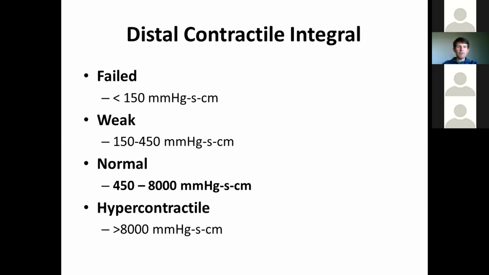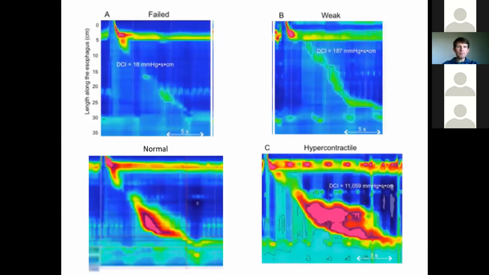You basically have four different types of swallows based on the DCI. They can be either failed, weak, normal, or hypercontractile, based on essentially how strongly the esophagus is contracting. Graphically, these are represented here with failed, weak, normal, and hypercontractile swallows.